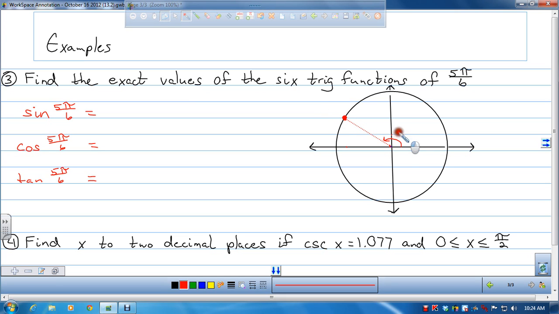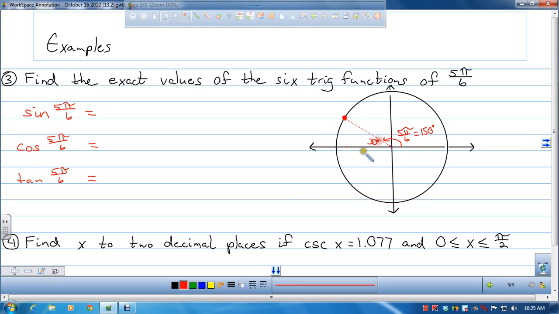If this is 5 pi over 6, I can use my conversion to get how many degrees that is, and I would multiply by 180 over pi, right? And when I do 180 over pi times 5 pi over 6, I get that that is equal to 150 degrees. If that's 150, what's this little angle right here? Well, you should know that it is going to be 30 degrees.